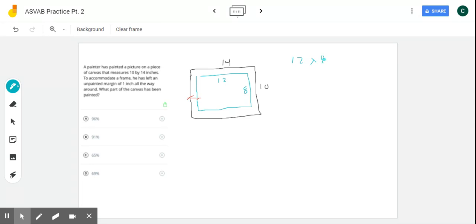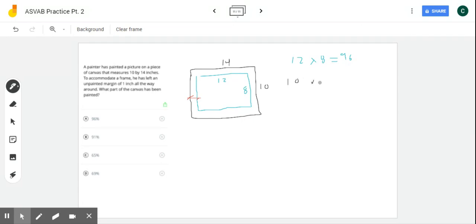I'm just not writing the units for clarity and because my final answer isn't a percentage, but inches times inches gives us square inches. All right, now we have 10 by 14 for the entire canvas area.